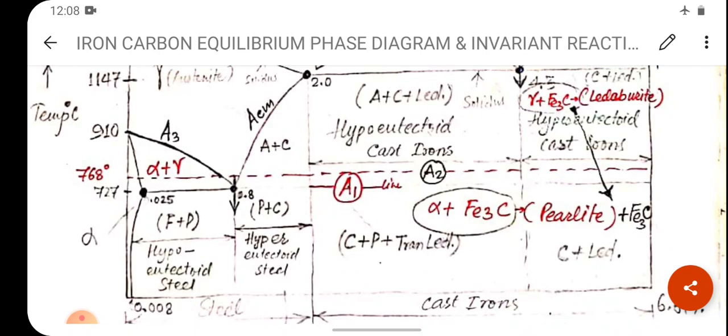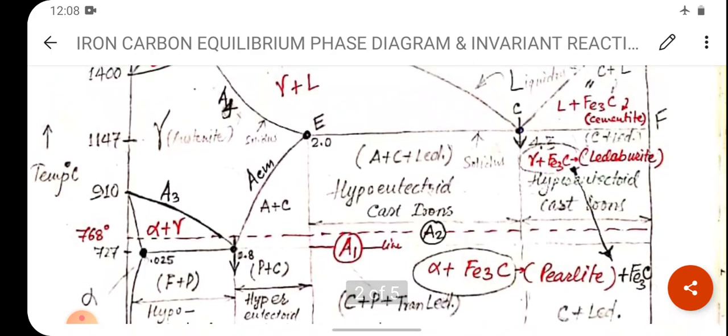Total what was there? Steel was there, up to 2% of carbon, but it is further classified into hypoeutectoid steel and hypereutectoid. So here 0.8 to 2% will give you, see this rectangle, that is perlite plus cementite.